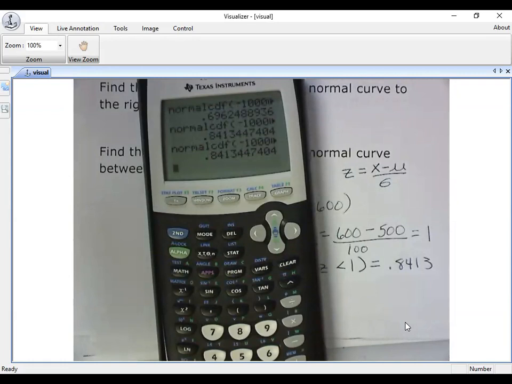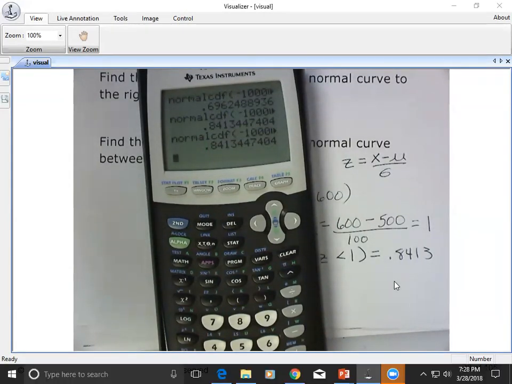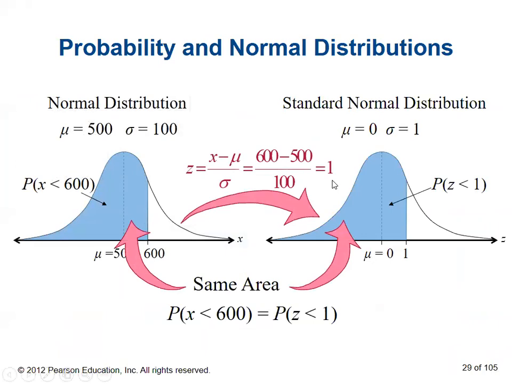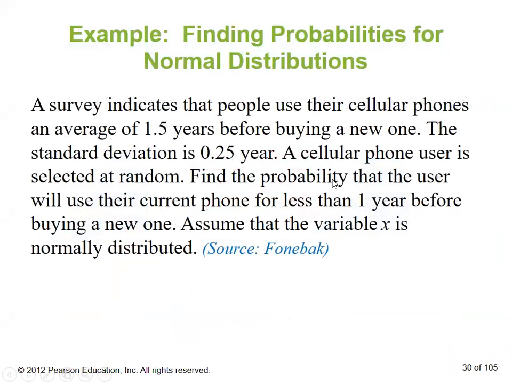Because if they aren't already z-scores, I'd have to change both of them to z-scores, and then I would have to look both of those up in the table, and then I would have to subtract, and that's a lot of work. So here's what we found was that was 0.8413.